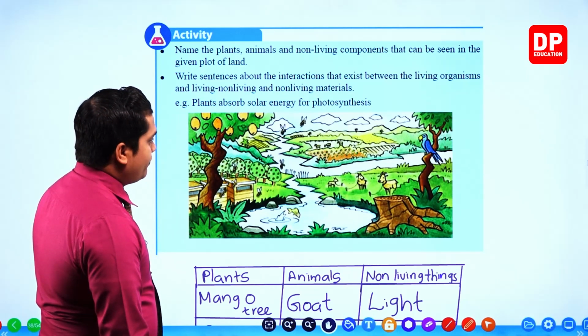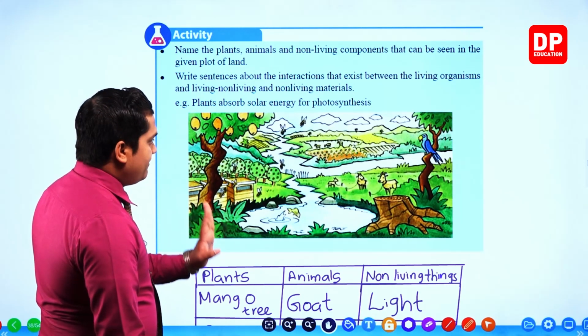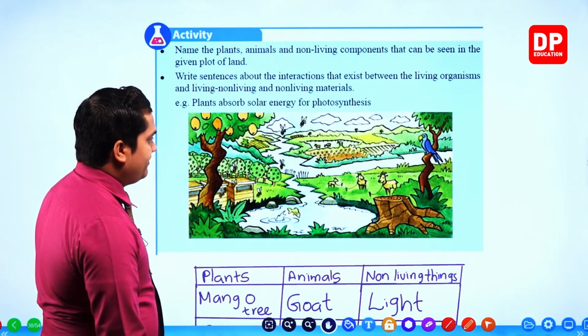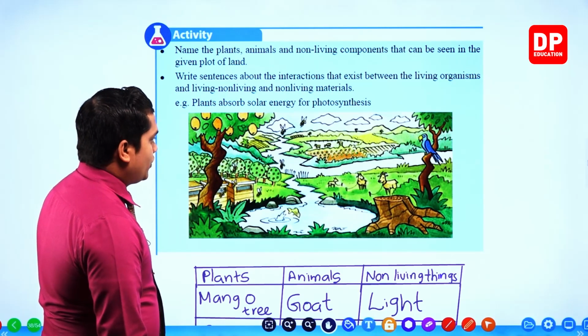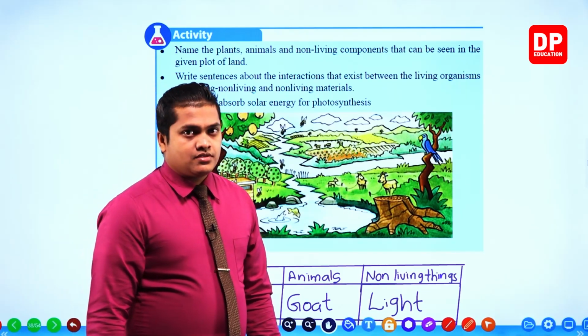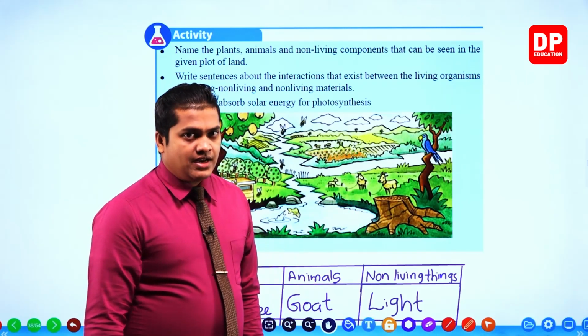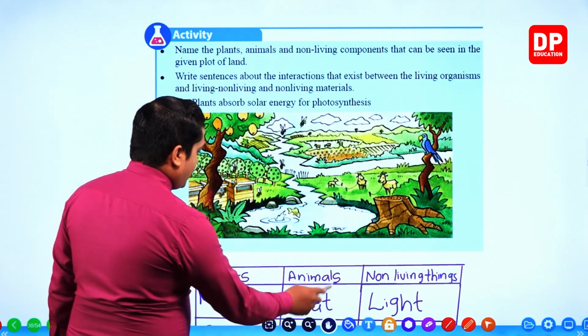Okay. So first of all, I'll write down living interaction. So here, goats eating grass. Grass living, goats living. So living relationship. Write down.